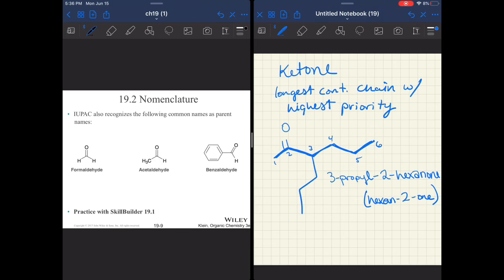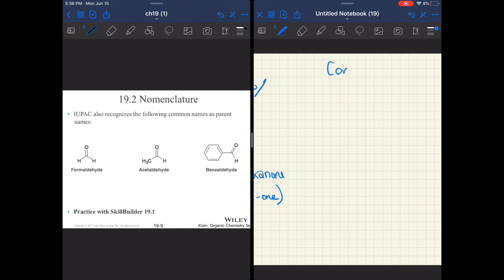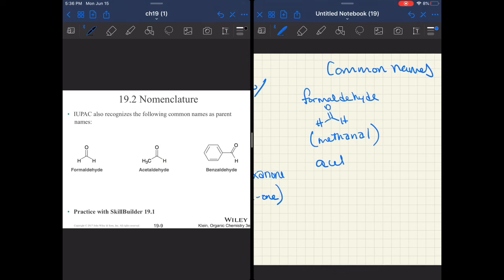You should know a few common names. So common names that you should have memorized should be formaldehyde. Now, formaldehyde's IUPAC name is methanal. You should know acetaldehyde. This one would be ethanal.